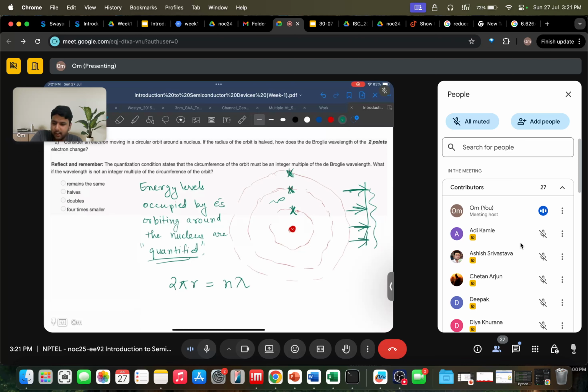This is again derived from de Broglie's hypothesis. So the fixed distance, the radius r from the nucleus, should be an integer multiple of the wavelength, and n is an integer.